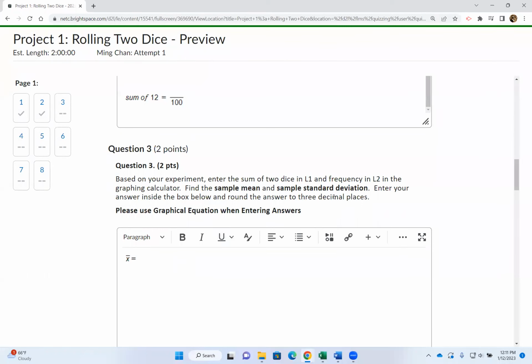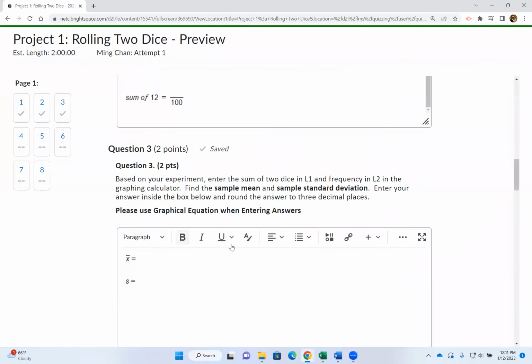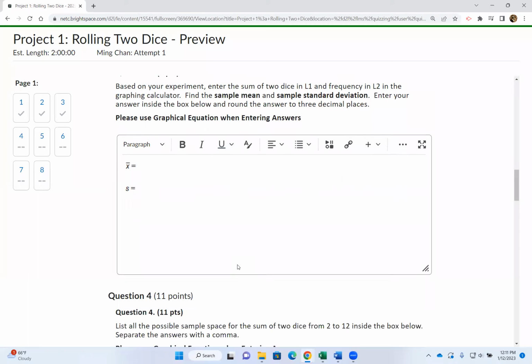Okay. And then your sample standard deviation, which is lowercase s. Your sample standard deviation s is equal to so much. Okay. Round to 3 decimal places for your sample mean and sample standard deviation.